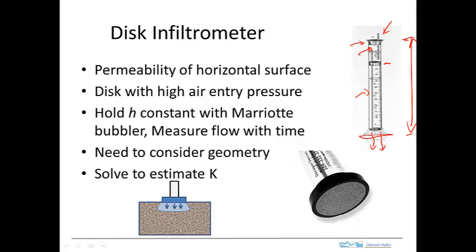One reason for doing this, for example, is there are often macropores or large cracks or wormholes in the vadose zone, and they drain with just a small amount of suction. So you could do a test with the mini disc infiltrometer with a low amount of suction and get one reading, and then do it at a higher amount of suction, which would be enough to drain out the macropores, and so you would get another hydraulic conductivity that was for the matrix and did not involve the macropores.